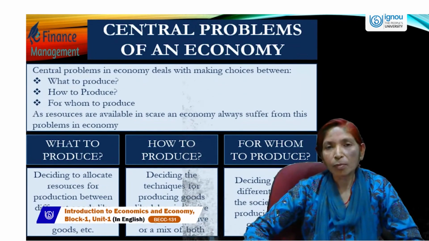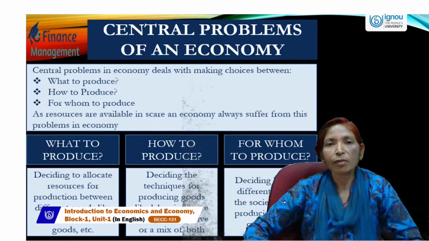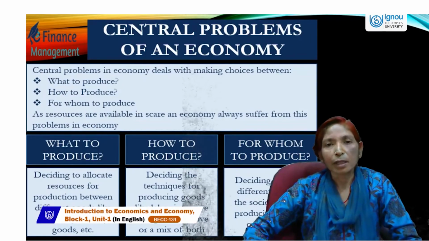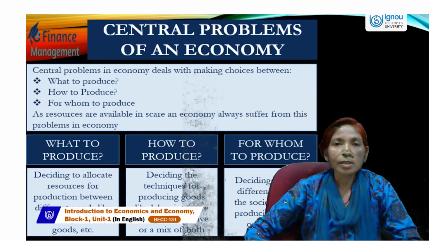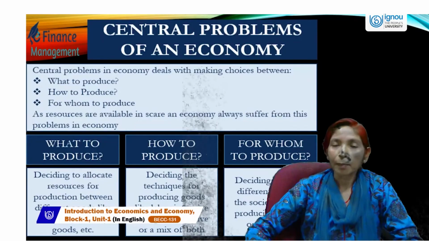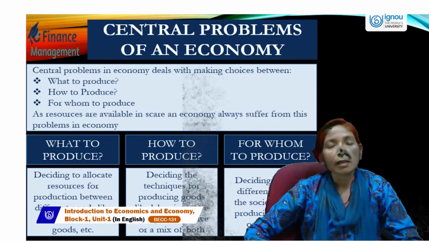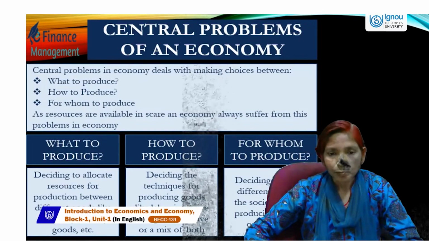So this is the problem of how to produce, in which we have to make a choice between technologies of production, labor intensive or capital intensive. If we use more labor intensive technology, then we will use less capital intensive technology. And if a country chooses capital intensive technology, then that country will use less labor intensive technology.